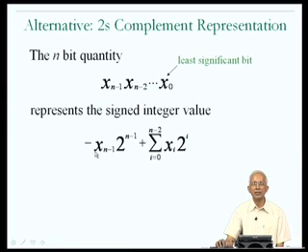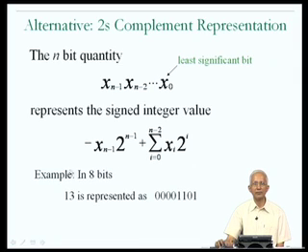In other words, if the most significant bit is a 0, then this is going to be x sub n minus 1 multiplied by 2 to the power n minus 1. So it's going to have a positive value of great magnitude. And if it's a 1, then this is going to have a negative value of a great magnitude.